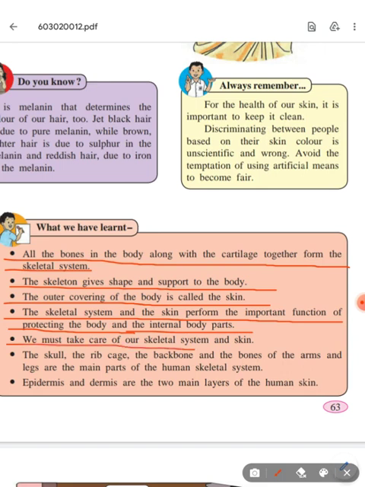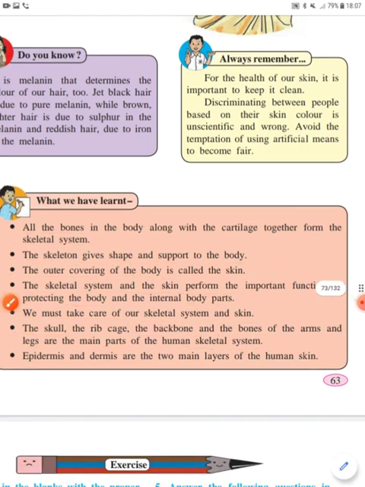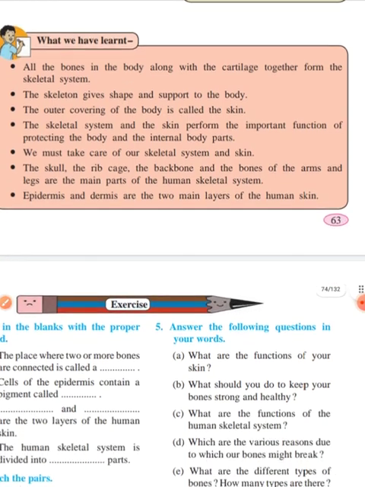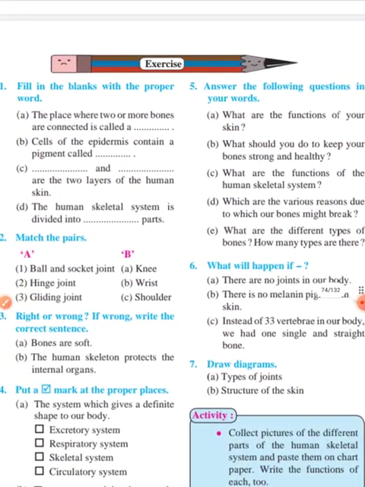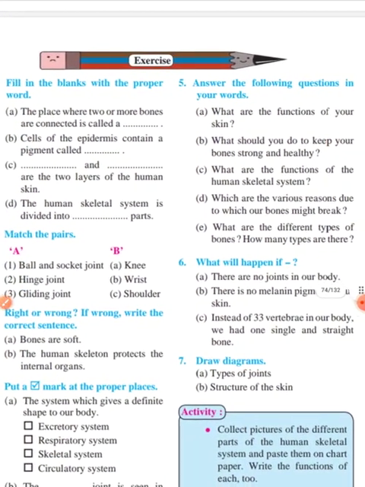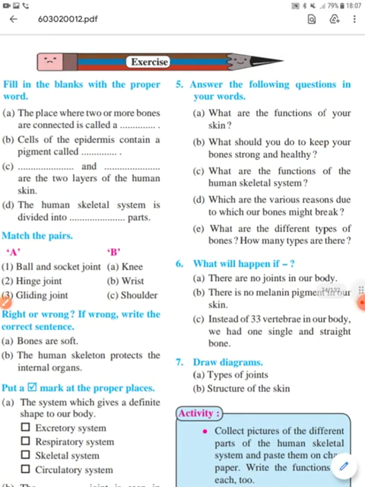We must take care of our skeleton system and skin. The skull, the rib cage, the backbone and the bones of the arms and legs are the main parts of the human skeleton system. Epidermis and dermis are the two main layers of the human skin. Got it? You have to remember all this.